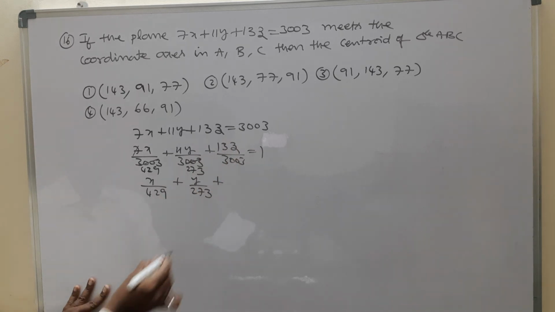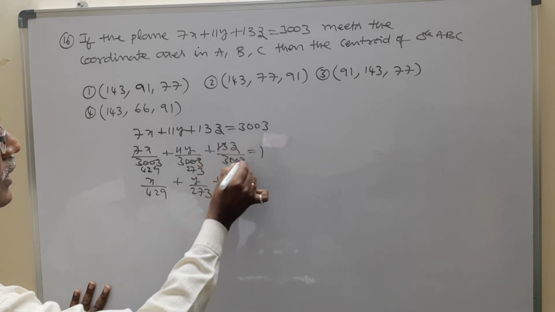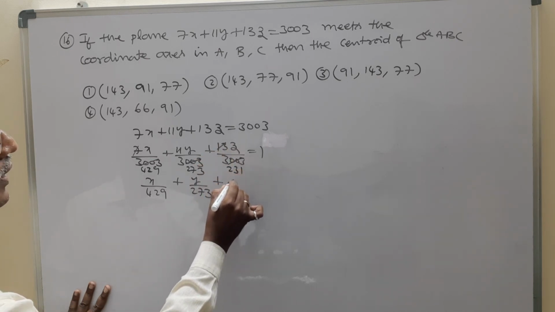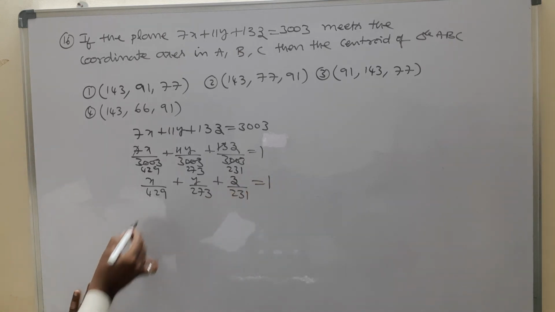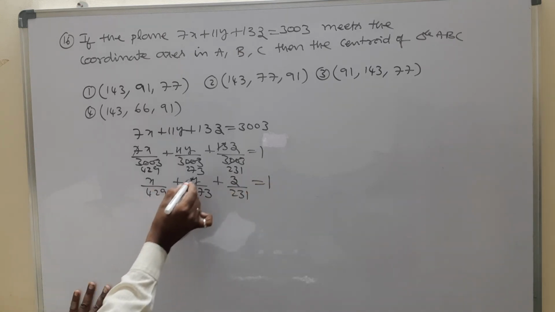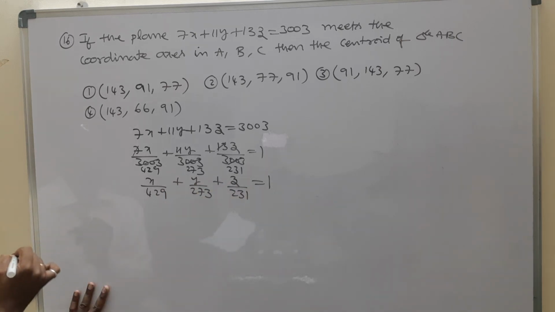Here 3003 divided by 7 is 429, so x/429. 3003 divided by 11 is 273, so y/273. 3003 divided by 13 is 231, so z/231. So x/429 + y/273 + z/231 = 1.